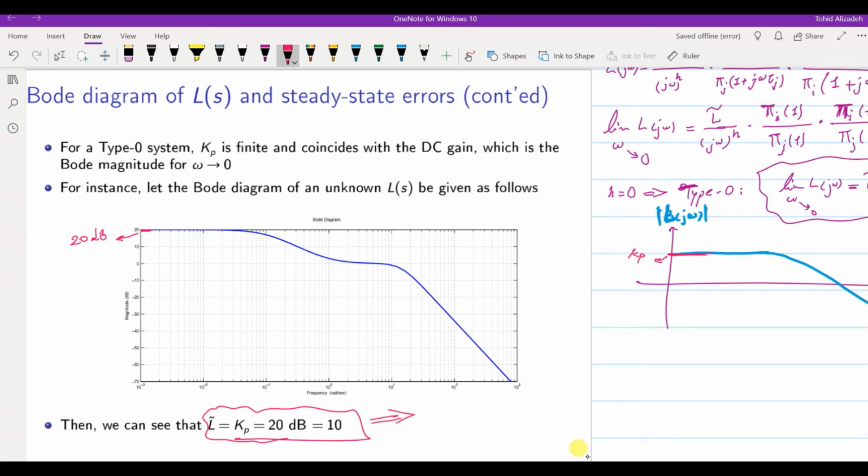And as a result, for this system with the Bode plot for L of j omega, we will have the steady state error for the step reference equal to 1 over 1 plus Kp, which is 10, and it will be equal to 1 over 11. So in this way, just by looking at the Bode plot of L of S or L of j omega, we can determine the steady state error for the type 0 systems quite easily.